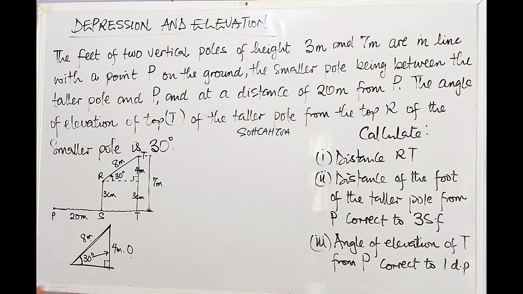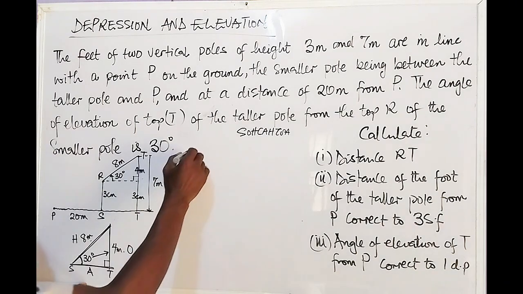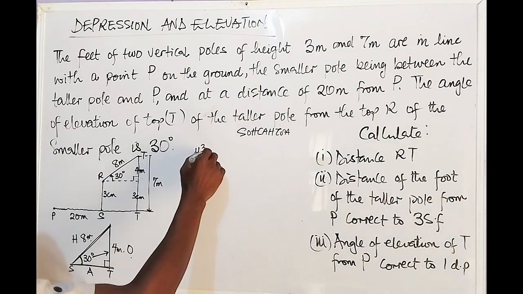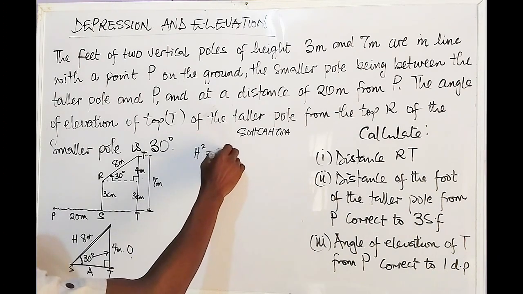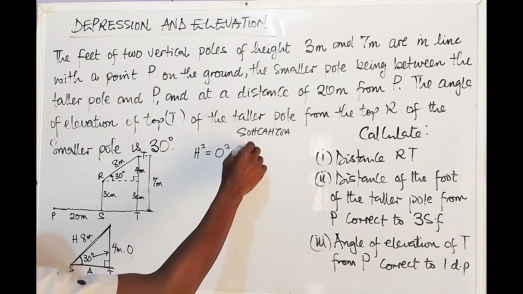Now since this is a right angle triangle, we can actually use the Pythagoras theorem to solve for the value of ST, where our 8 here is the hypotenuse, our 4 here is the opposite, and here will be the what? Adjacent. Now taking cognizance of this, we know that hypotenuse squared equals opposite squared plus adjacent squared.